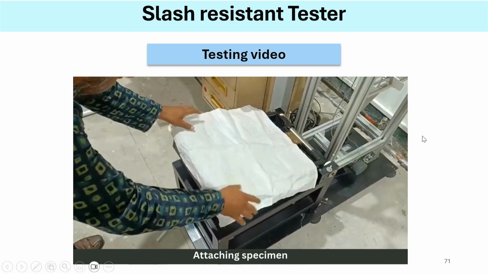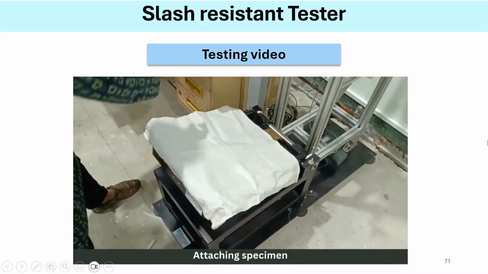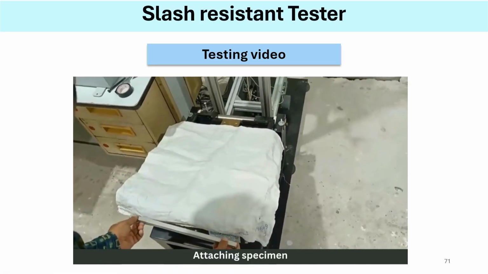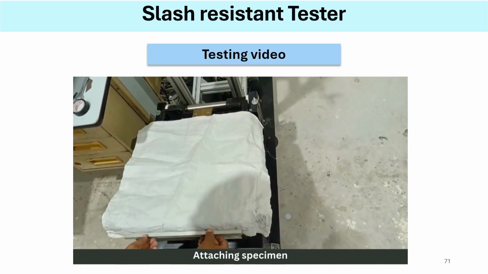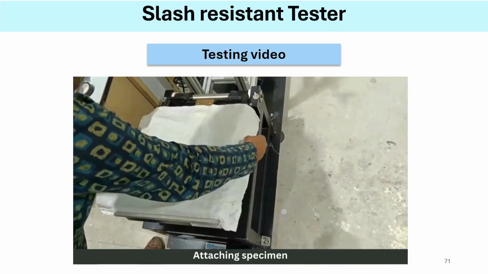Now, let us see the actual running of the instrument. The fabric is being placed in the fabric holder.